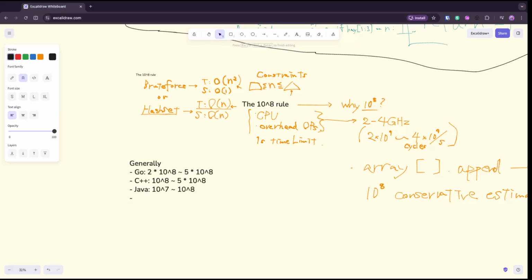And Python is an interpreted language, so there are many overheads. So 10 to the power of 6 to 10 to the power of 7 is the limit.